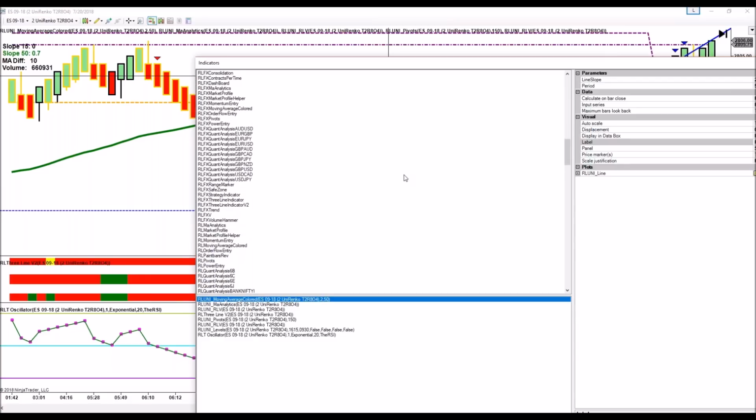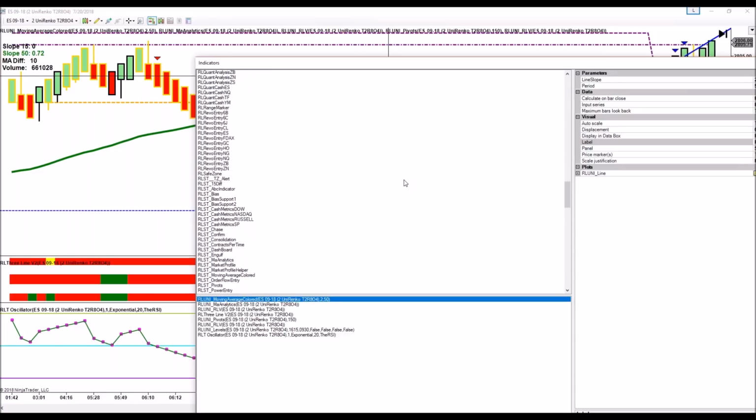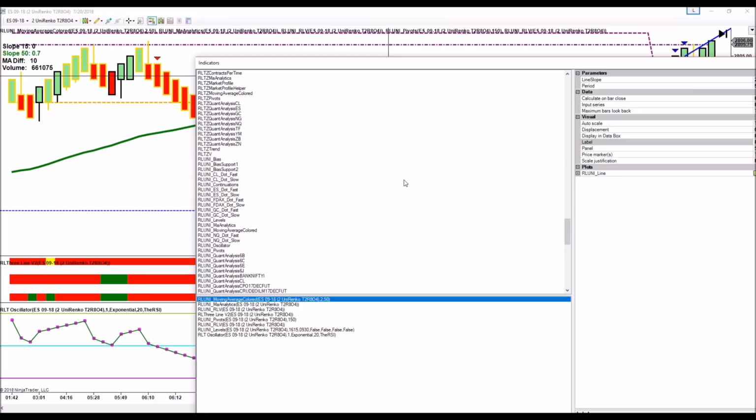So our next indicator we'll look at is, let's see, we'll look at the quant lines, and let's look at the quant E-mini.